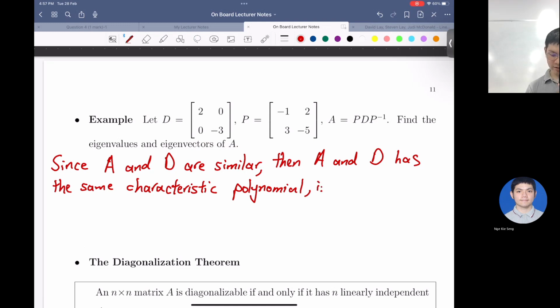In particular, they have the same eigenvalues.